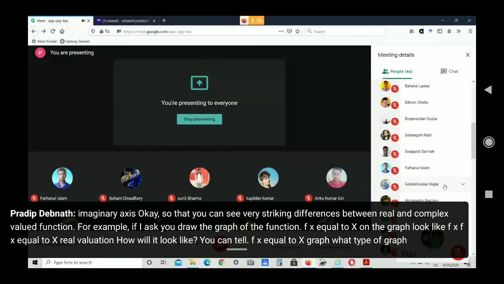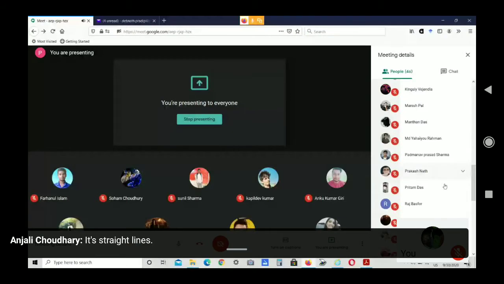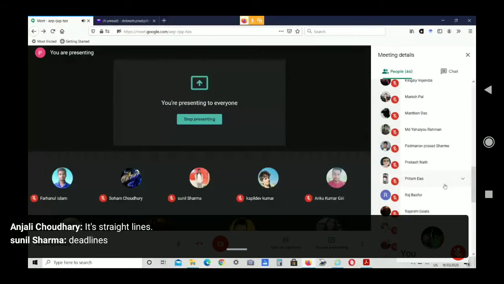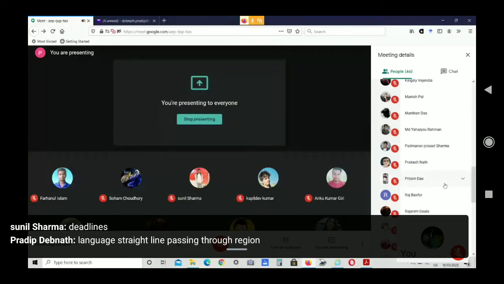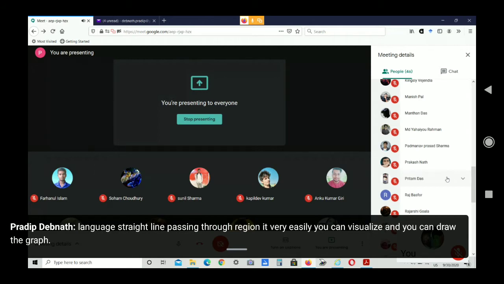What type of graph is it? Straight line, sir. Straight line, right. So a straight line passing through the origin. Very easily you can visualize and draw the graph. A straight line passing through the origin making an angle of 45 degrees with the x-axis.